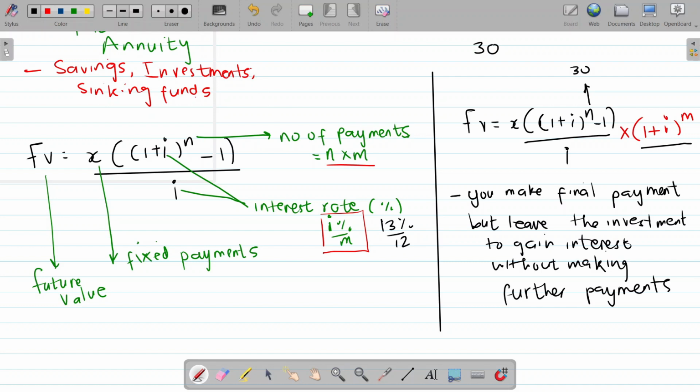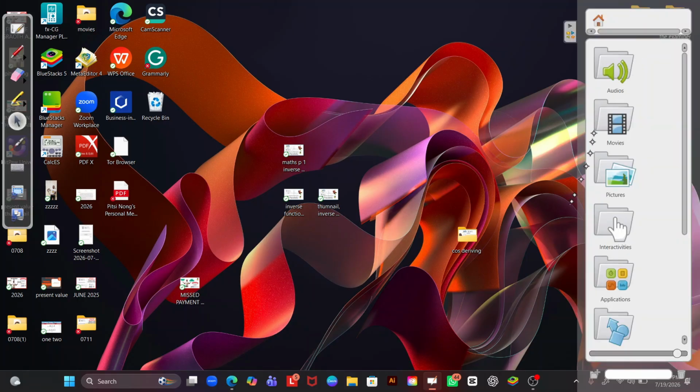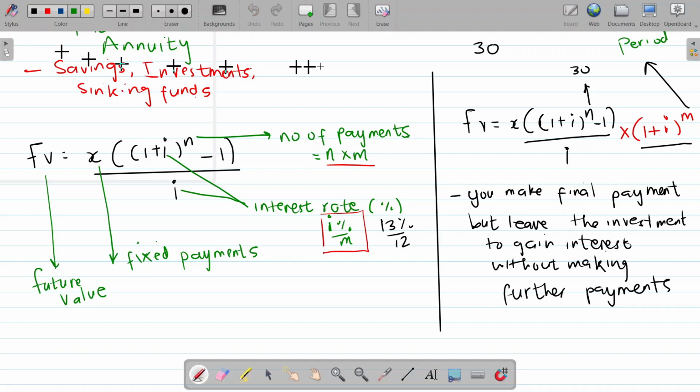But then you leave the money idle in the account for some time. So M represents the period without making any further payments.